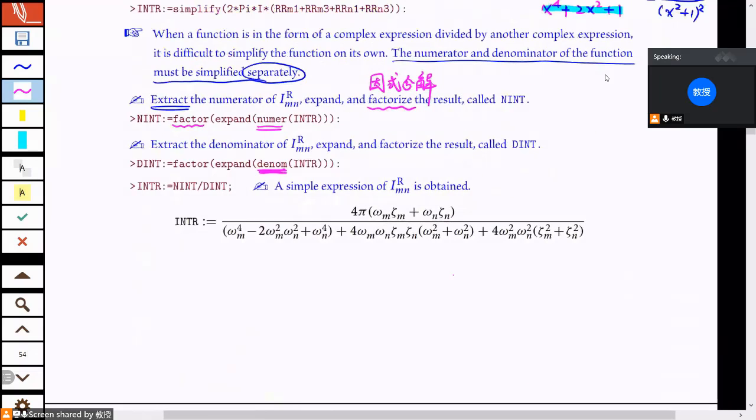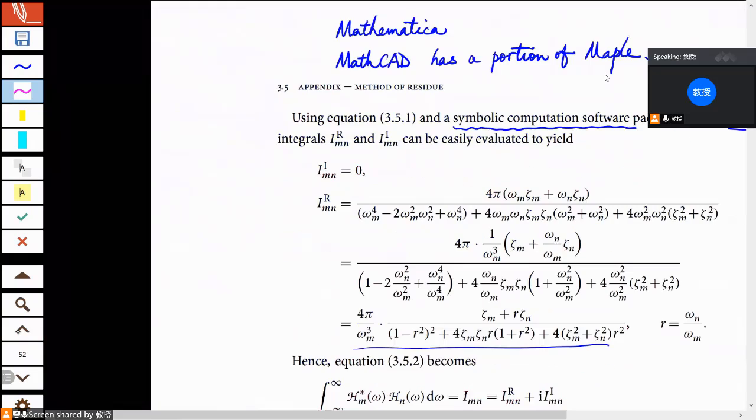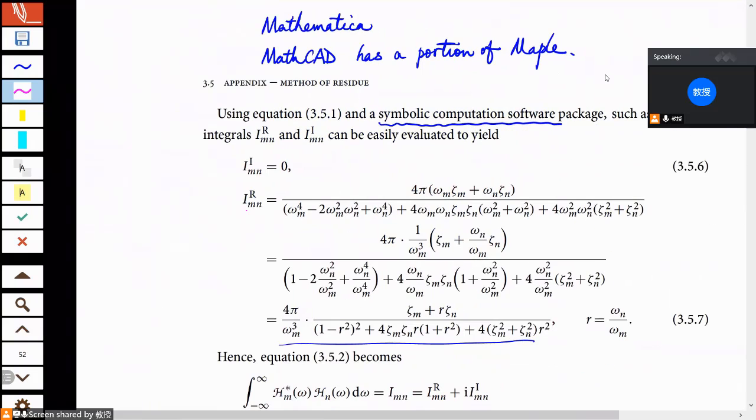Okay, and then you can use this result here. That's obtained from Maple. But if you want to evaluate this by hand, it's very tedious.